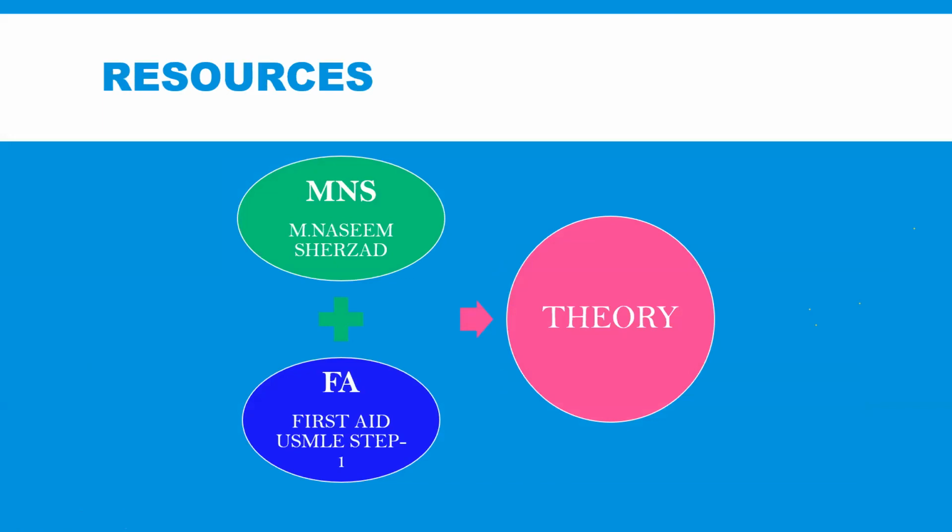One is Muhammad Naseem Shirzad, which is a very nice book, and another book is FA, which is First Aid for USMLE Step 1. FA is very good in pathology and physiology, but it has slight deficiencies in anatomy. So Naseem Shirzad will cover that anatomy.